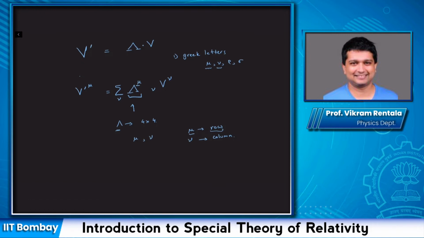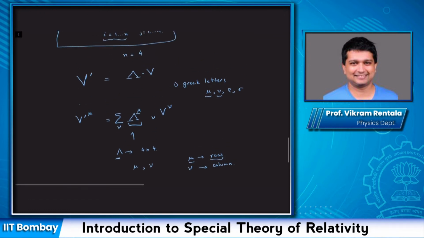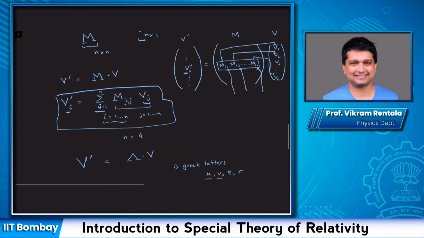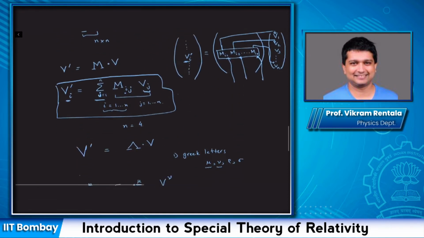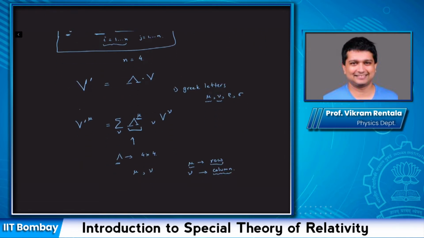So we make a distinction between row indices and column indices by raising the row indices. The mu index, which corresponds to a row, is raised. So row indices are raised.